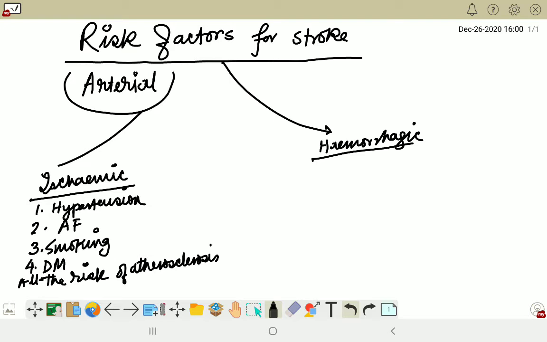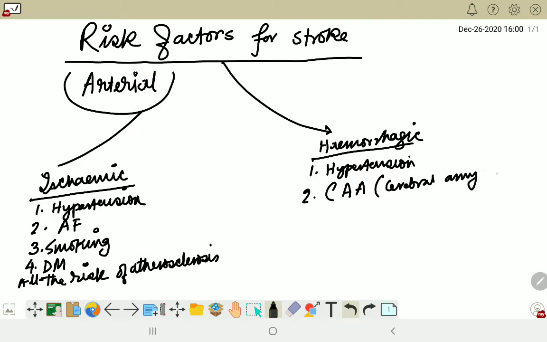Now, when it comes to hemorrhagic stroke, again, the number one is hypertension. Number two is cerebral amyloid angiopathy. So in other words, it's amyloid deposition in the medial layer of cerebral blood vessels. So it's called cerebral amyloid angiopathy.